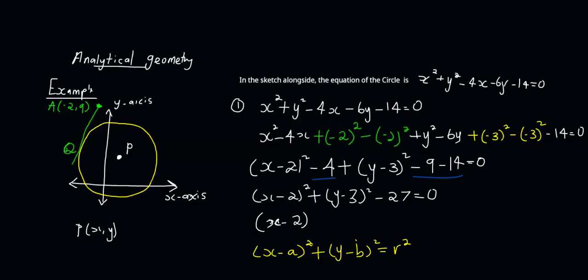all squared. It's equals to, take that negative 27, you transpose it on the other side, it changes the sign to become positive. And then as you now look at this part, remember the coordinates of the center, they're going to be represented by what?